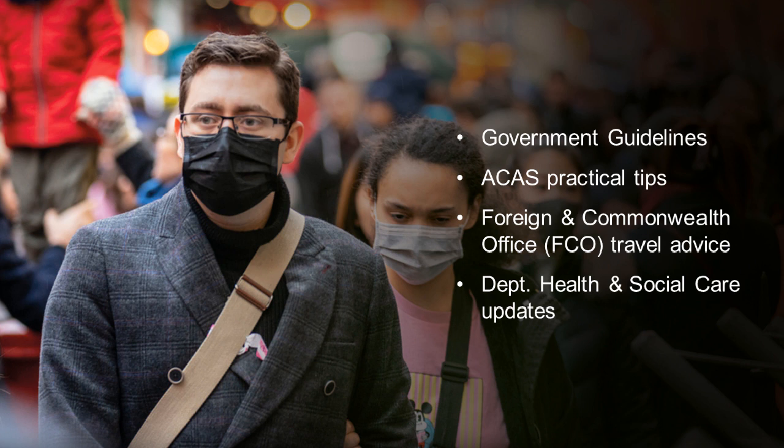The FCO is regularly updating its travel advice to give British nationals advice on what they need to know before deciding whether to travel and what to do if they are affected by an outbreak of COVID-19 while travelling. Finally, the Department of Health and Social Care is publishing daily updates which set out the risk level and advice about what to do when returning from affected countries. The advice is changing daily, but the primary advice is to self-isolate in order to prevent the spread of the virus. Links to all of these guides can be found in the resources section of the webinar presentation screen.